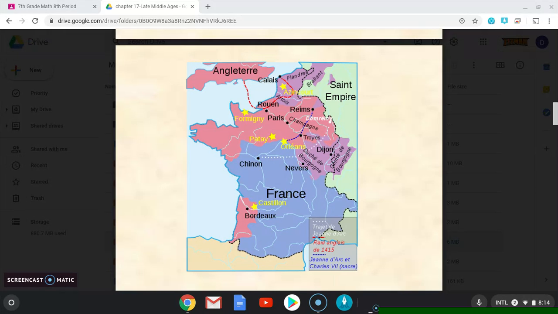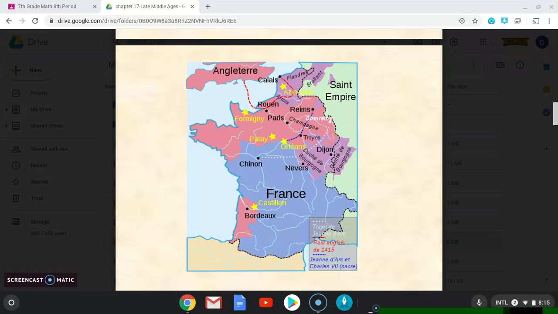Okay, so we've talked about the Magna Carta, but I want to get into the 100 Years' War, which is a famous war that lasts, well, actually over 100 years between England and France. Now, first of all, here we have a map, which is mainly of France.